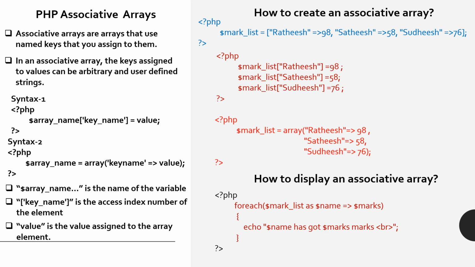The first syntax is array name of key name is equal to value, where within the square brackets you have to specify a string. Another syntax is the array keyword, array of key name pointer value.